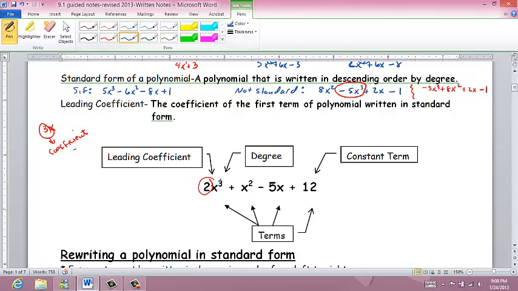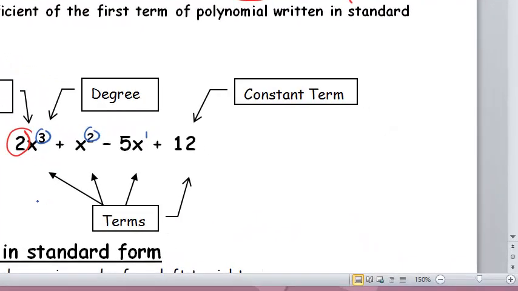We already stated the degree of a term is basically the exponent on the variable expression. But the degree of the polynomial is the highest degree within the polynomial. Then we have the constant term, which is always the term without any variables linked to it. Now, if you notice here, we point out all the terms.